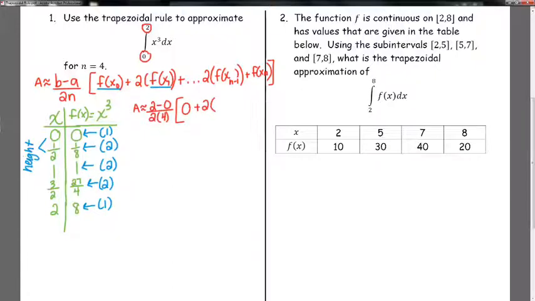So I'm going to double 1/8. I'm going to double 1. I'll move down here. I'm going to double 27/8.